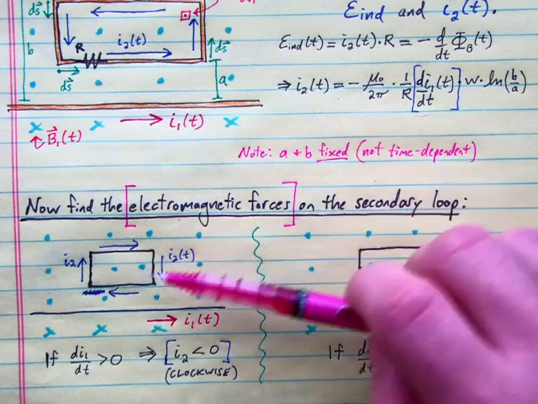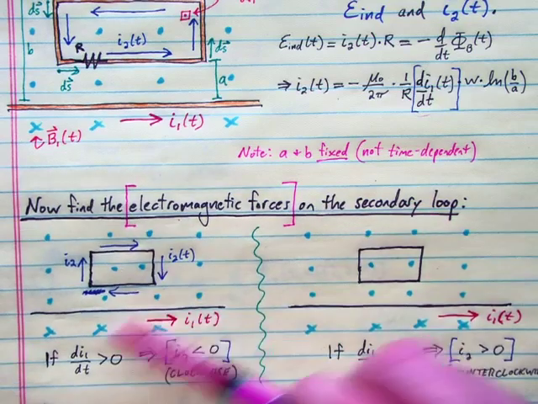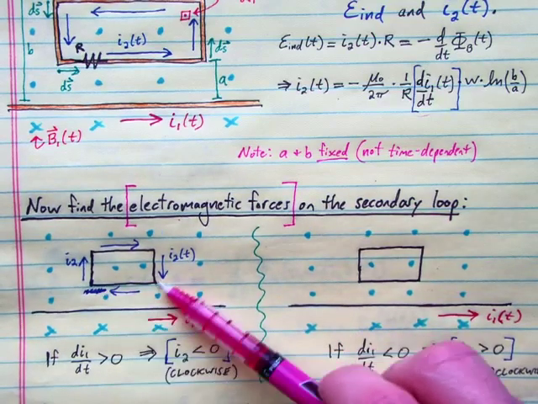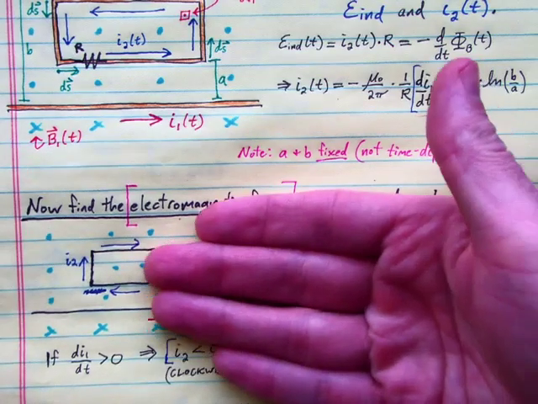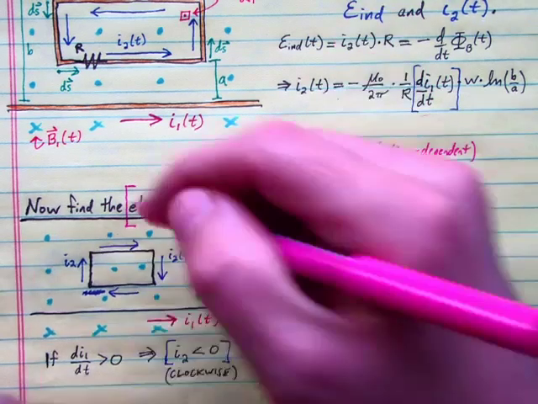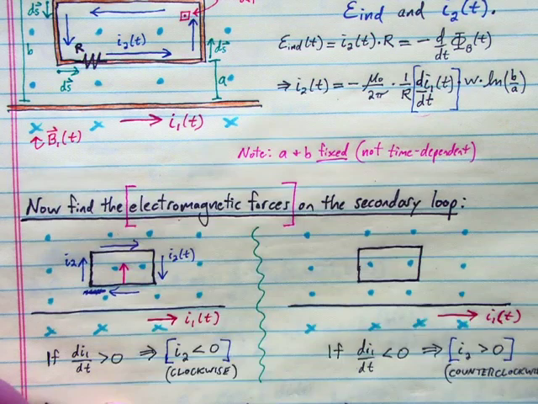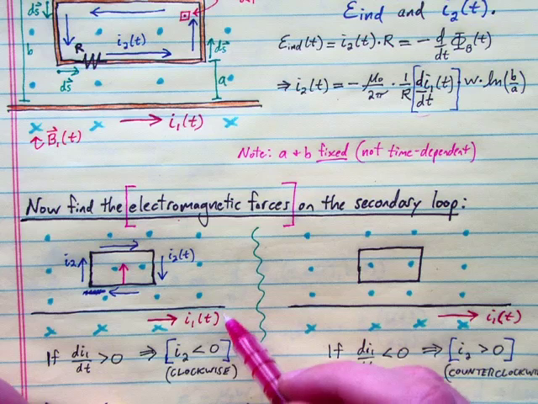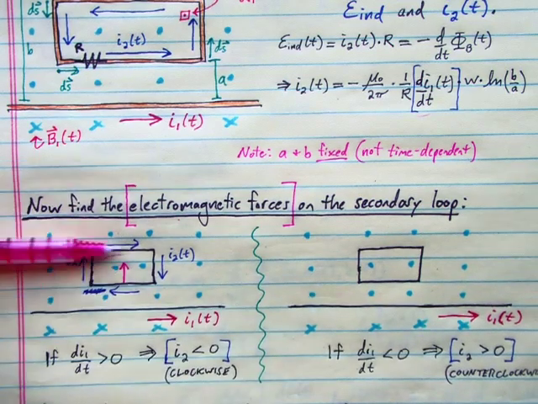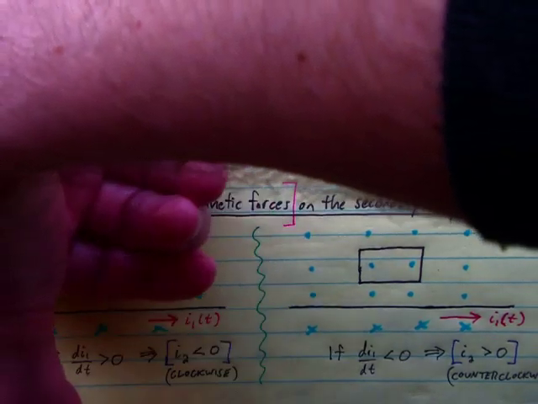So if we do I cross B, B's out of the page here on this lower section of wire. That IL cross B, my thumb is pointing up, this would feel a force pointing away from the primary wire. Likewise, the top section, I cross with B, thumb points down.